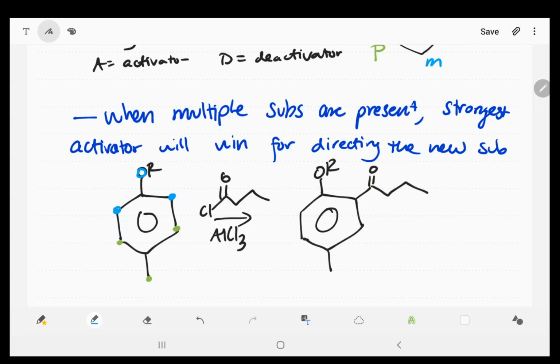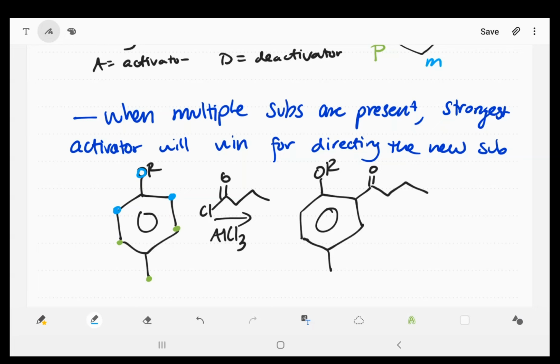The para position is not available because they are already occupied. So we're going to see here that the stronger activator, the oxygen, will direct the new substituent to the ortho position to itself, not to the methyl group. All right, so that's kind of our first rule.